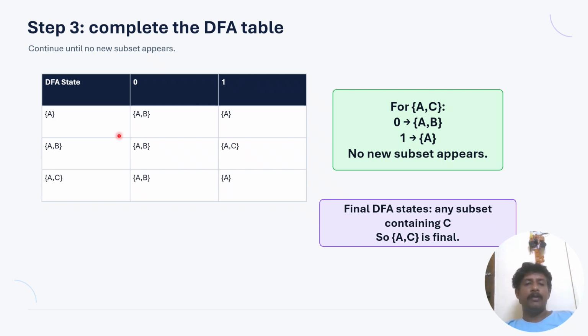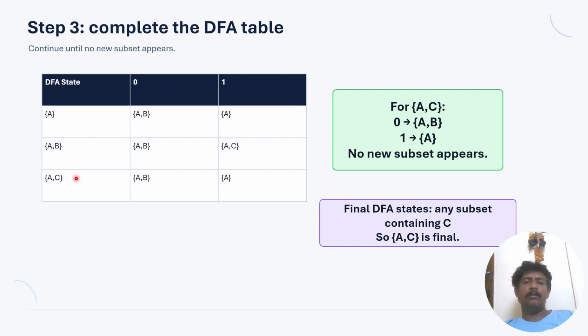For input 1, from A we get A, and from C we get empty. So the result is A. Now look at the table. We have {A, B} and {A, C}, and the transitions go only to existing states. No new subset is coming, so the table is complete.